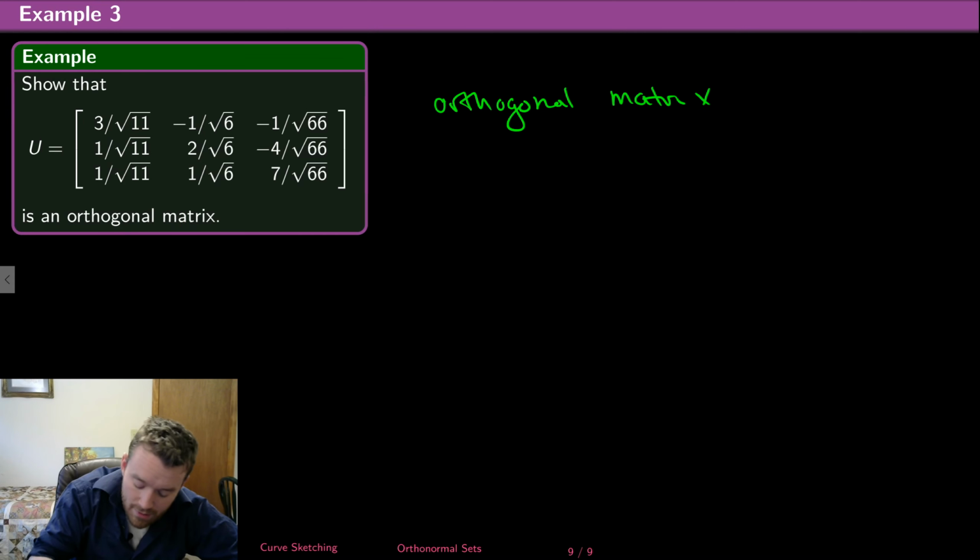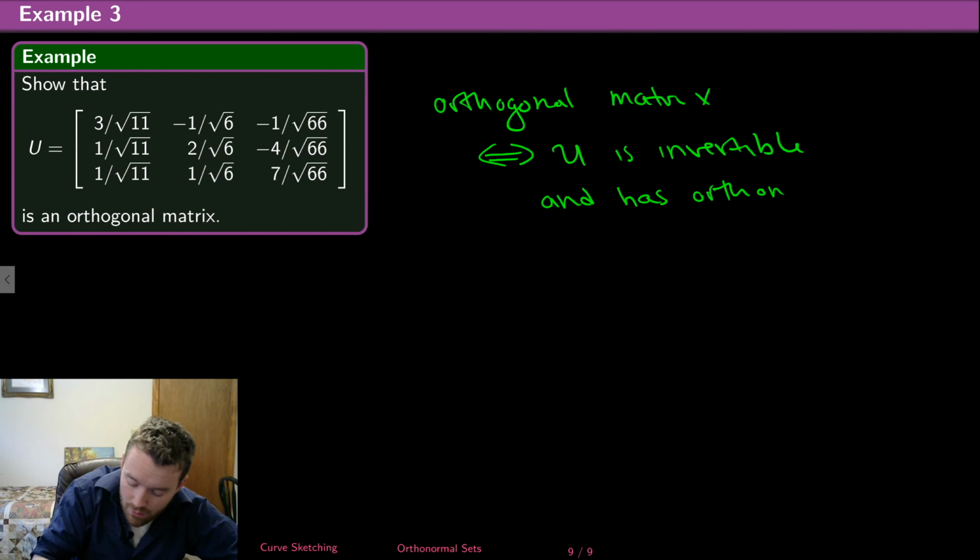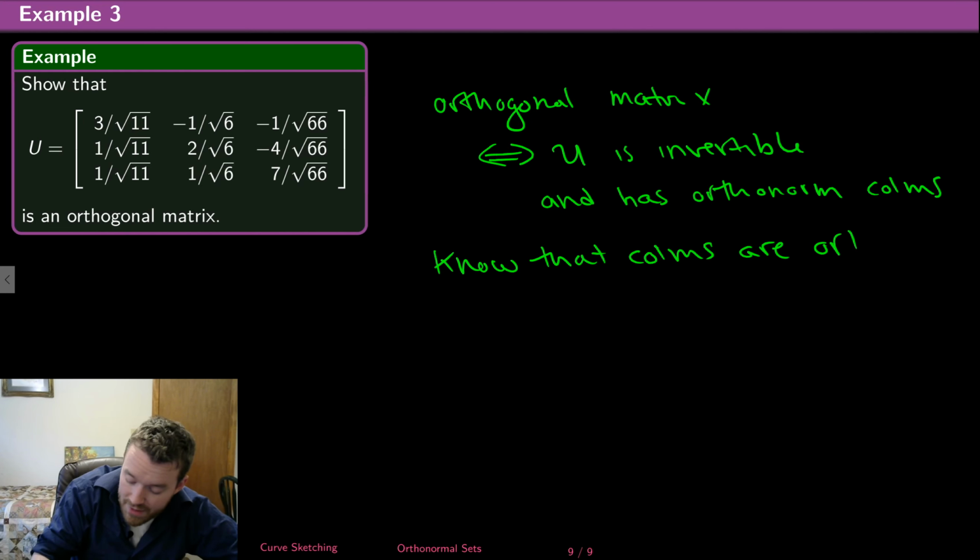U is an orthogonal matrix if and only if U is invertible and has orthonormal columns. So we know that the columns are orthonormal. We know this because of a previous example that we did.